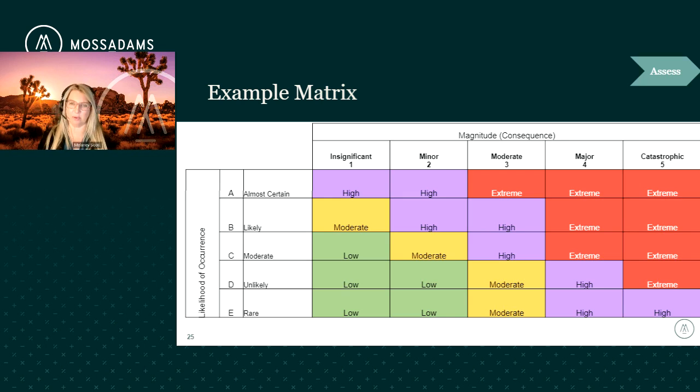And this is just an example of how one can take the scale, that 1 to 5 and the A to E, and color code those so that for risks that fall within those categories, they will help drive what we might want to do with that. So we've got everything from the high red down to the green, and you can do anything in between. You could take, as an example, and alter this to fit your organizational level, but it's just an example of a visual representation of a matrix.